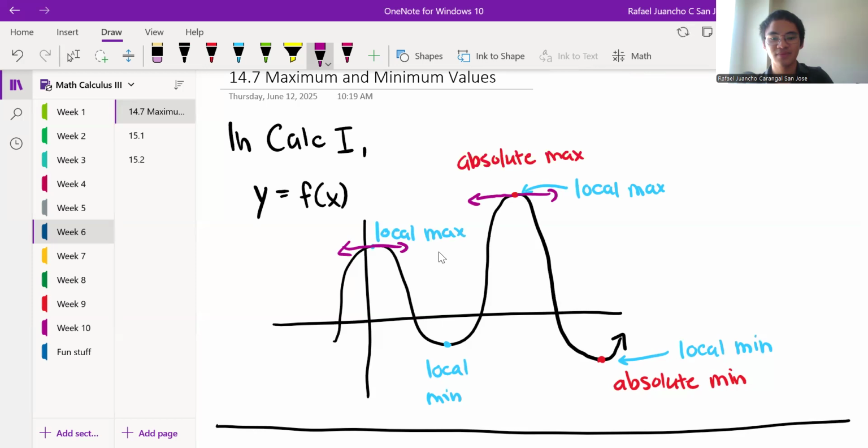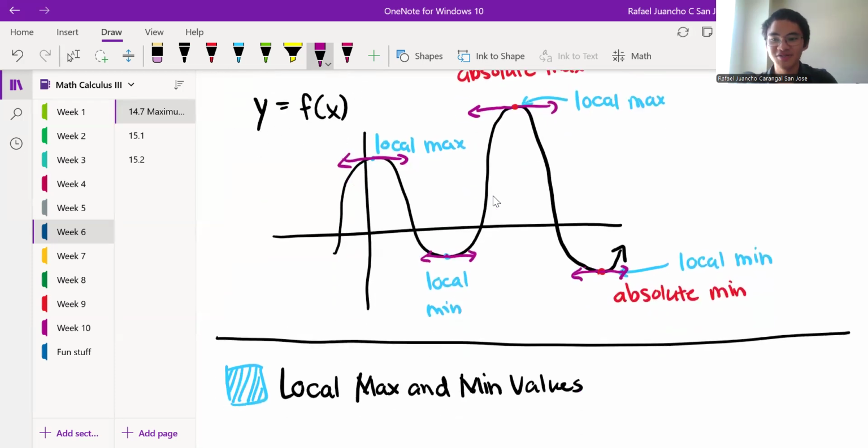If we get their derivatives, all the tangent lines are horizontal lines. That means our derivative has a slope of 0. And so if we're given a function, we take its derivative, make it equal to 0, and then we can find the local maximum and minimum.